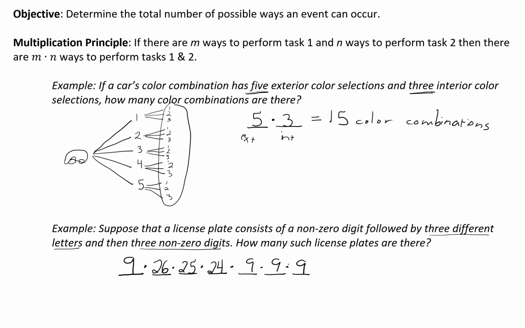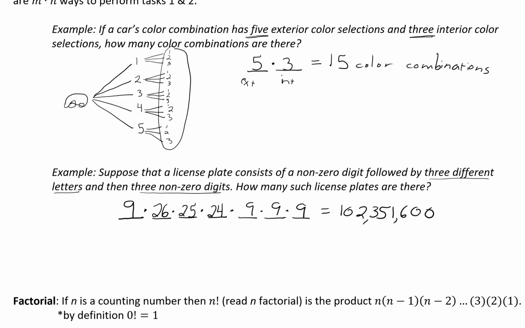I have a calculator with me, so I could take 9 to the 4th power, since there's 4 nines, multiply it with 26, 25, and 24. And this gives me a very large number, 102,351,600. So 102,351,600 different license plates can be generated.